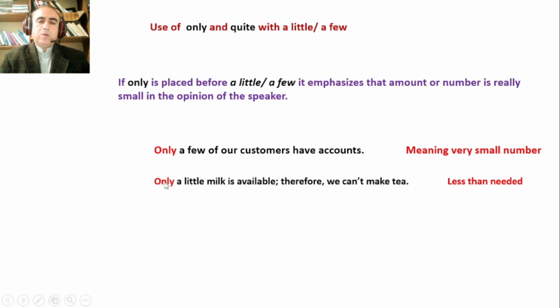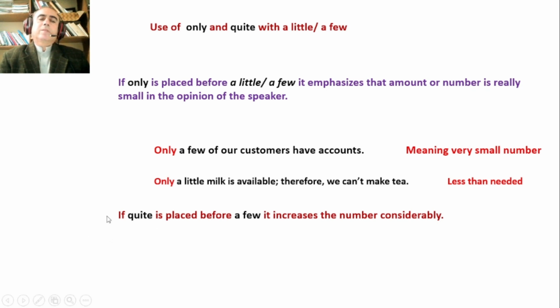By using only with a few and with a little, we make a sense of something which is small in number or in quantity. We give further a sense of smallness, meaning reduction in its intensity, their number and their amount.